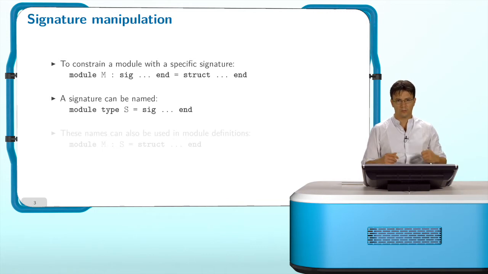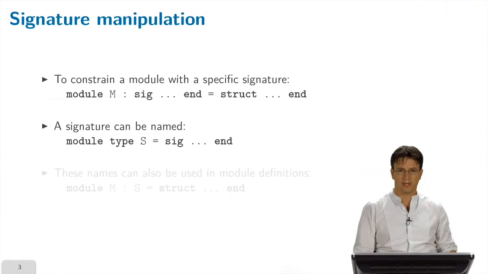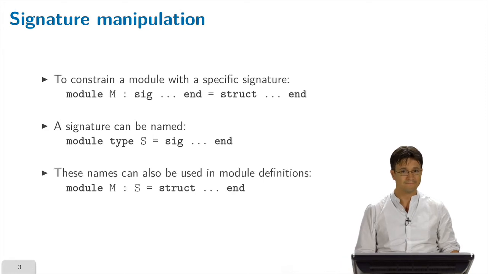To do so, you use the keyword module type followed by the identifier of the signature, and then you just write the definition of this signature. Again, an identifier of a signature must start with an uppercase letter. Then, of course, you can use these names to constrain some module implementation.